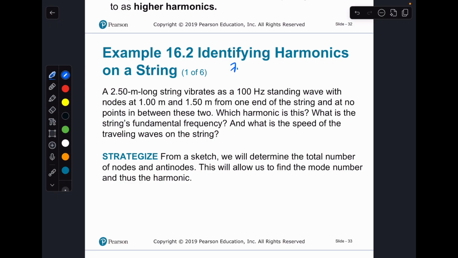We learned that the wavelength of the standing wave depends on the mode, and it's equal to twice the length of the string divided by that mode.